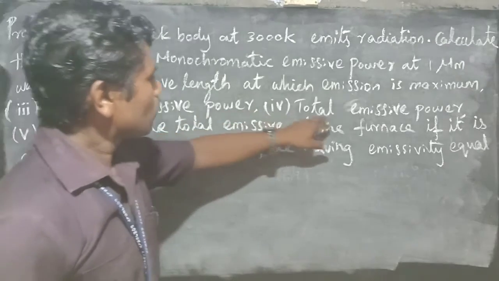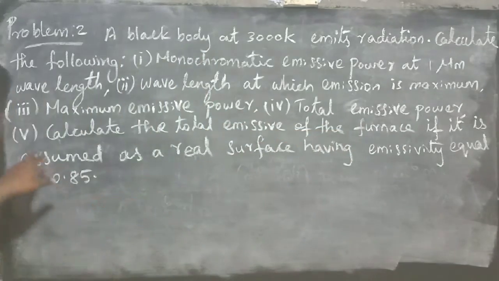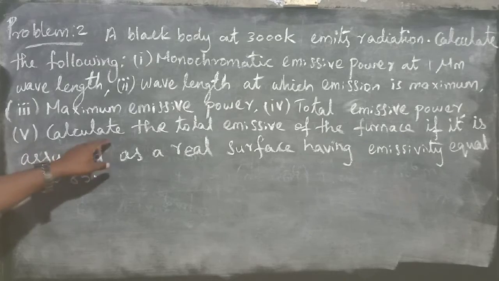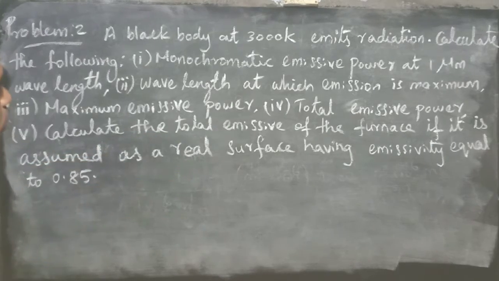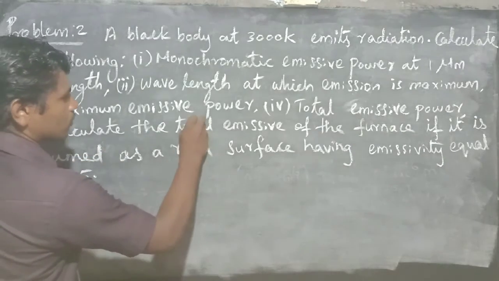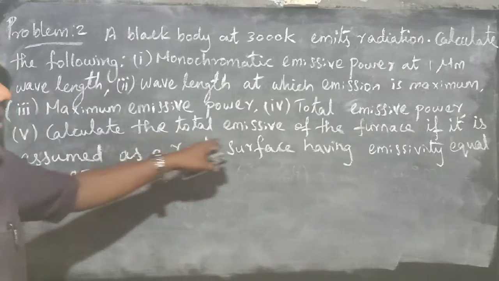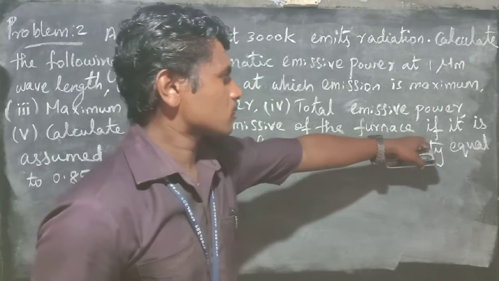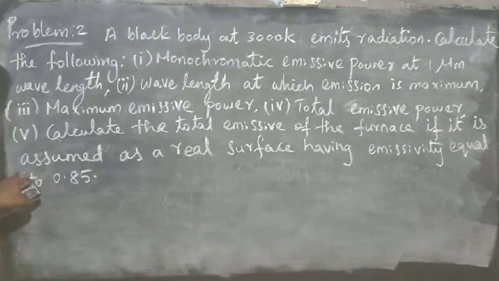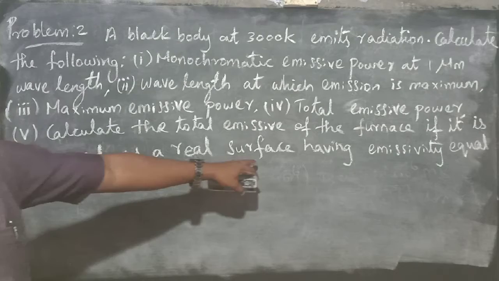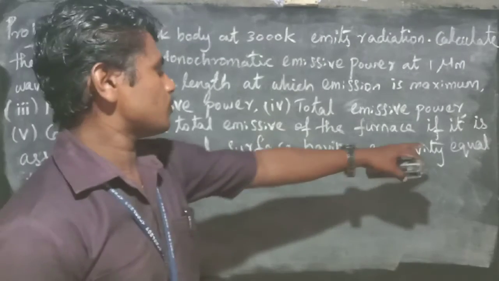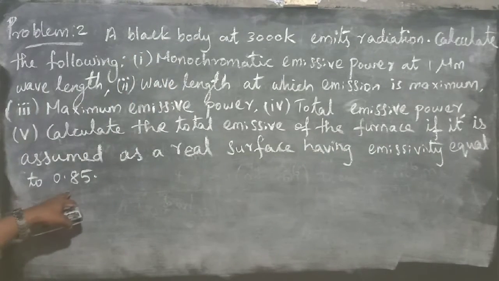Fourth one, total emissive power. Fifth one, calculate the total emissive power of the furnace if it is assumed as a real surface having emissivity equal to 0.85.